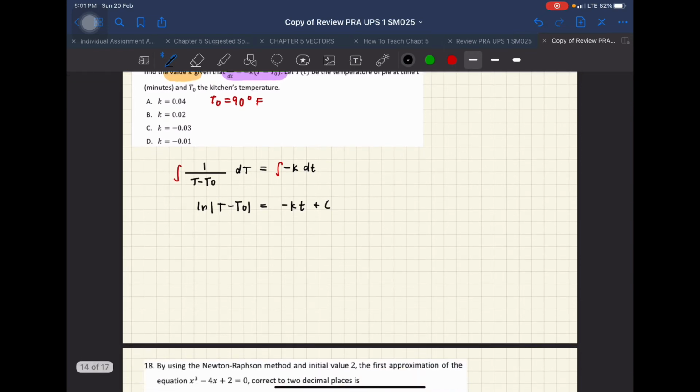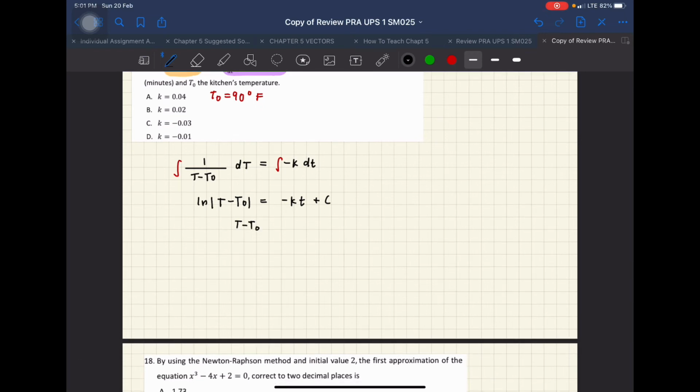Okay, so saya nak jadikan T besar sahaja sebagai subjek. So I will exponentialkan kedua-dua belah. So my left hand side is T minus T naught. My right hand side is e negative Kt plus C. Okay, so kalau awak dah biasa, sebenarnya awak tak perlu pun nak tulis yang ini. So you can just jump into A, e negative Kt. Okay, nak dalam soalan objektif, so awak tak perlu pun nak tulis satu-satu.